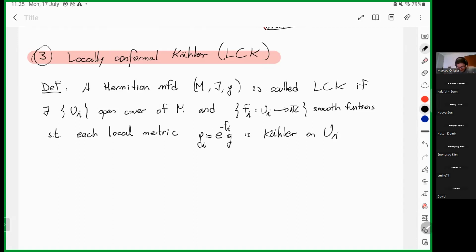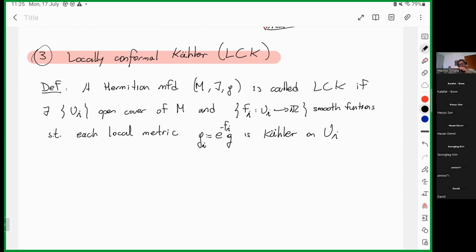So it's easy to explain maybe what the locally conformally Kähler means. For each point in your manifold, you need an open set U_i so that your point is there and your original metric is not Kähler there. But if you multiply your metric by this factor, exponential of minus f_i, this new metric is Kähler. So I think the name is really clear.